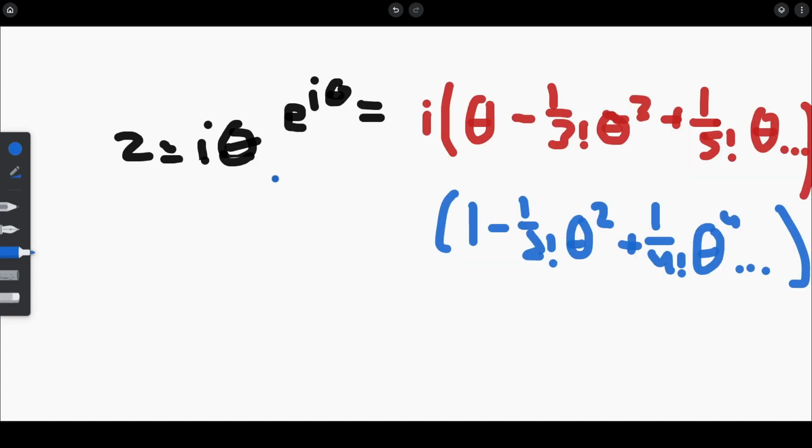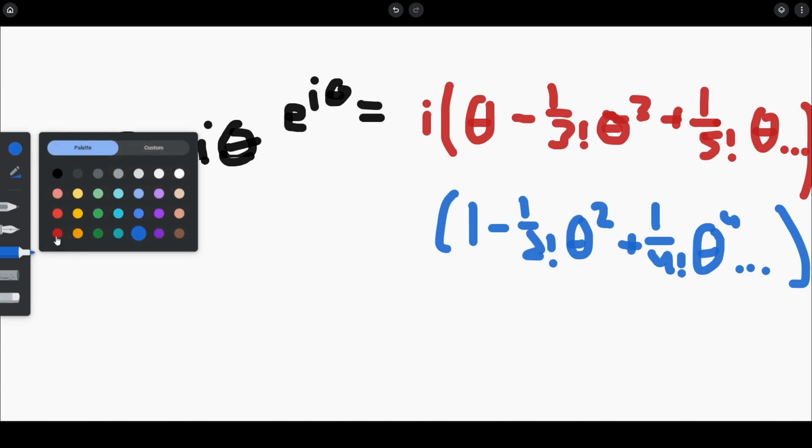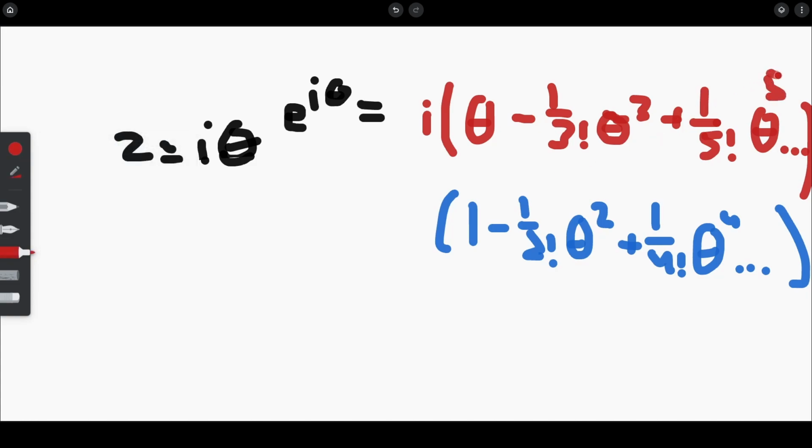So how about we do this? We are going to factor i out of all of the odd powers of i so as to just have real numbers being multiplied by i. So if I factor i out of every term that would still have i in it, it'll be theta minus 1 over 3 factorial times theta cubed plus 1 over 5 factorial times theta to the fifth, and so on.